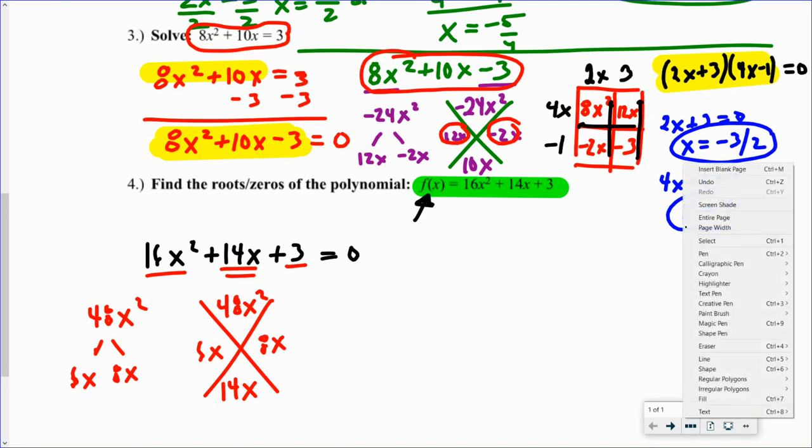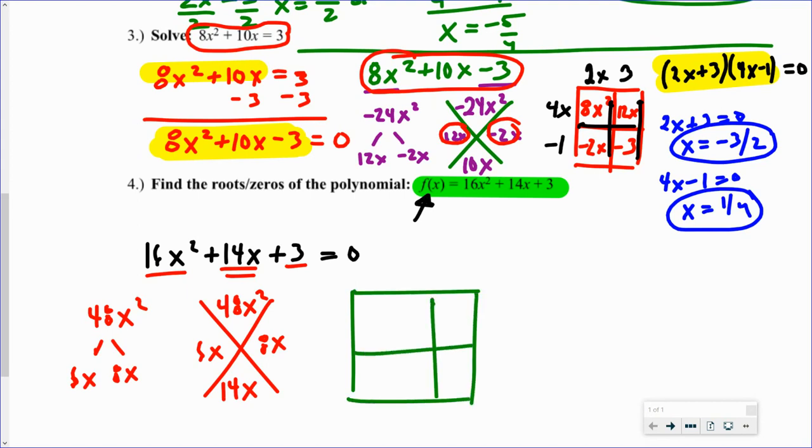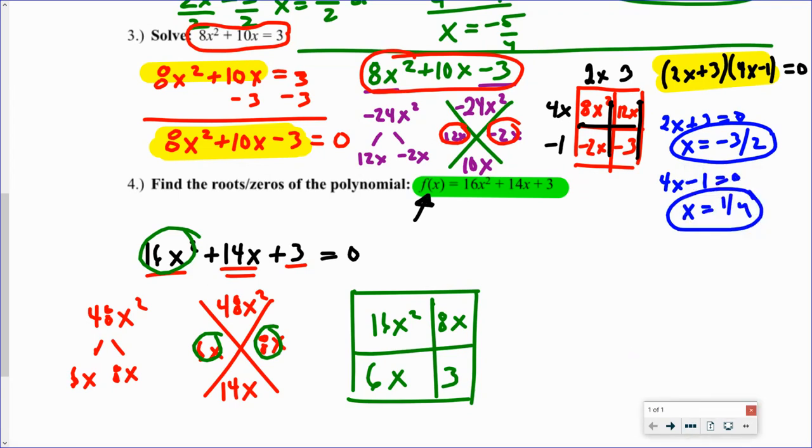All right, so now we're going to factor using the area model. So top left-hand corner, 16x squared. Bottom right, positive 3, the constant term. And now we're going to put our two linear terms that we found just a minute ago, these two terms, in the remaining two empty boxes.